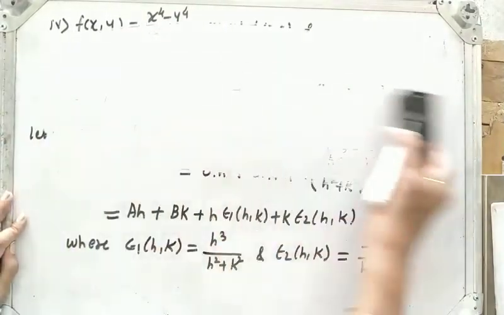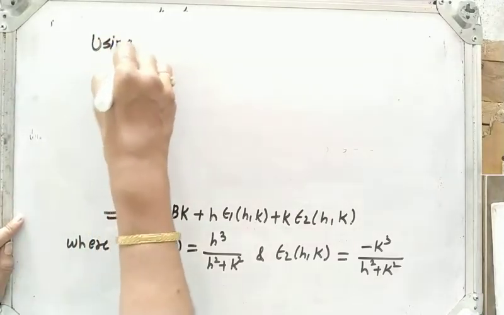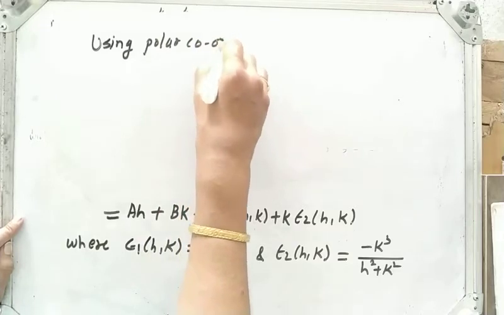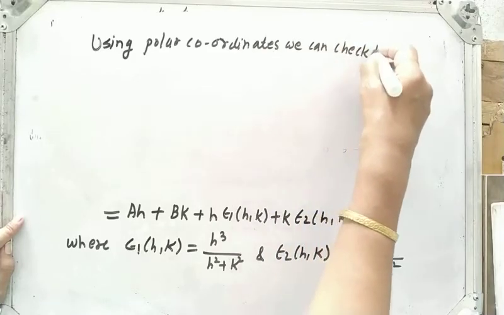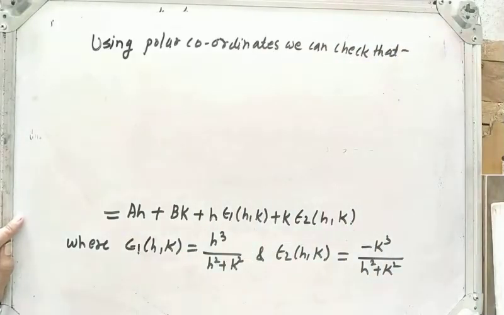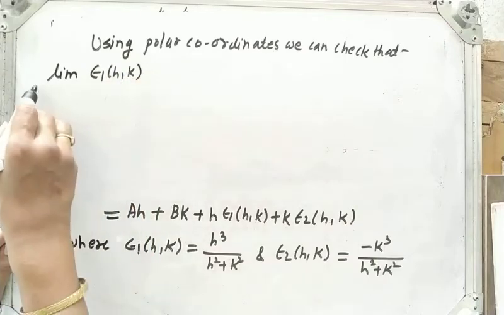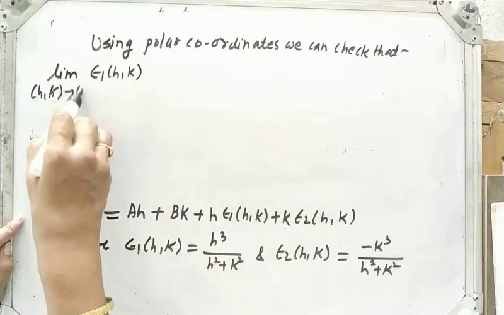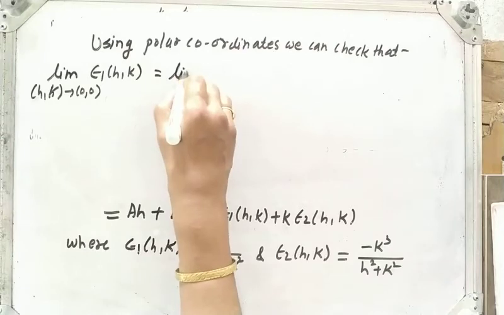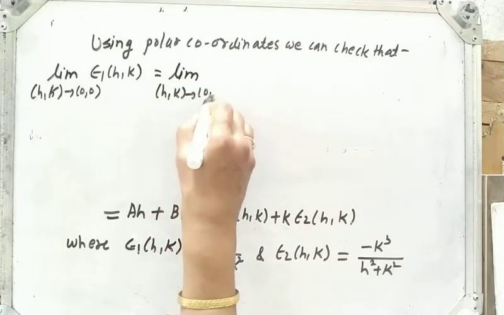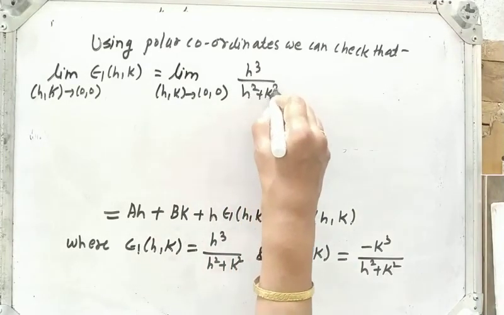So here, using polar coordinates, we can check the limit of epsilon 1 of hk as (h,k) tends to (0,0), which is the limit of h cube upon h square plus k square.